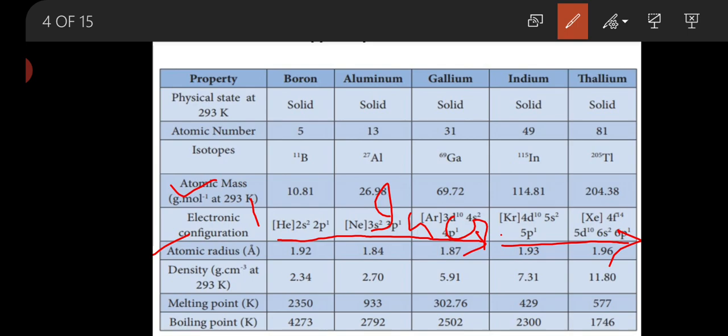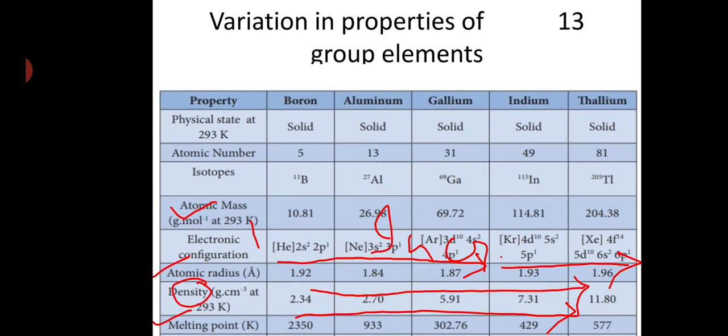Density also goes on increasing from top to bottom. As density increases, the melting point and boiling point you can see slightly decreasing and increasing in form. So this is the variation of the 13 group elements.